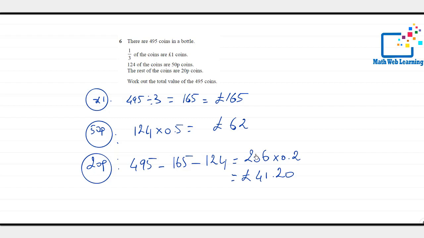You add all three figures because the question asked for the total value of the 495 coins. So let's go ahead and do that. It's going to be plus 62 plus 165, and the answer is £268 and 20 pence. And that's your answer.